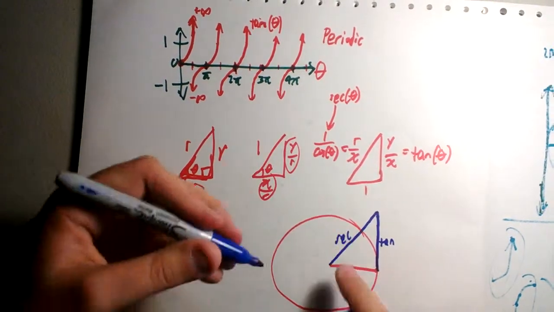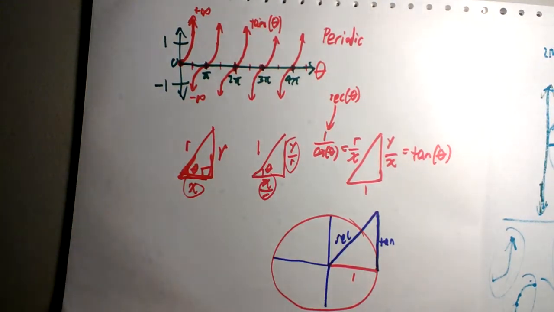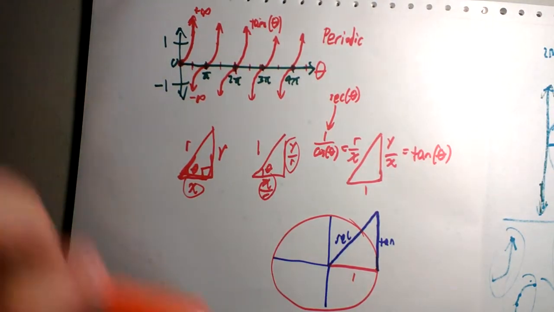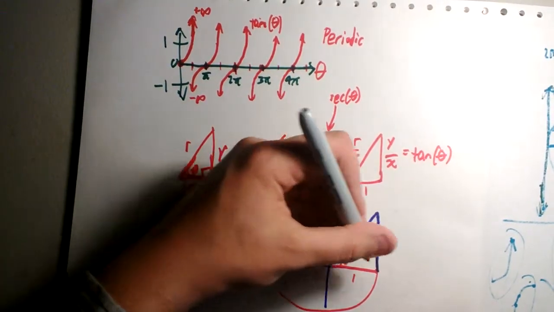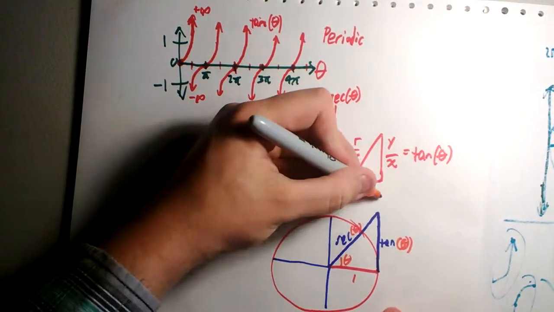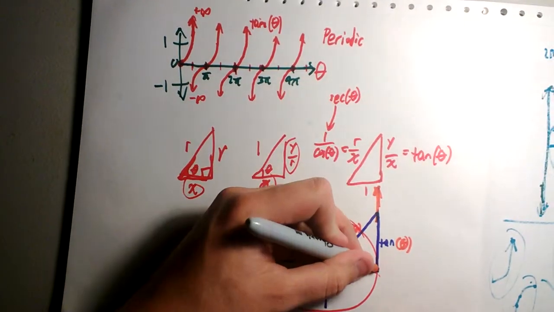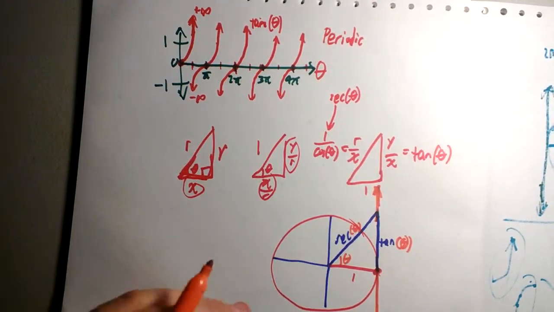And notice how we're still using the unit circle. Alright. So we have the tangent of the angle. And just to show that it goes to infinity, it always hits this line that is touching at this one point right here.